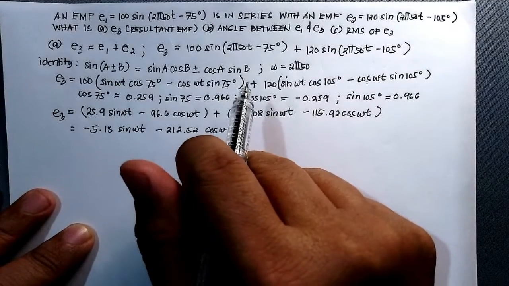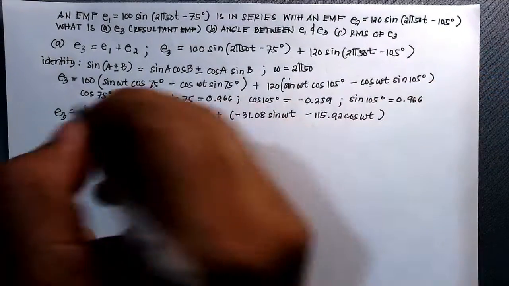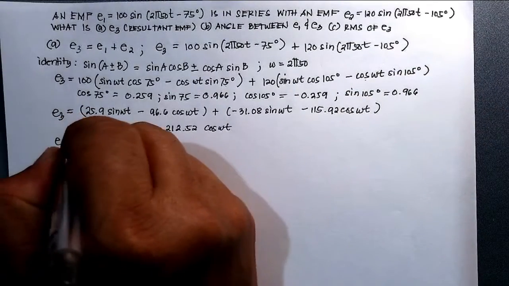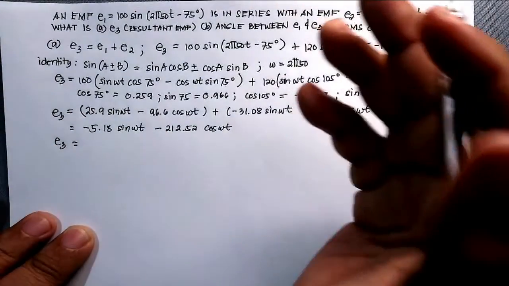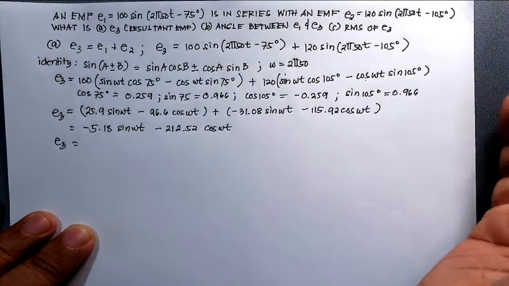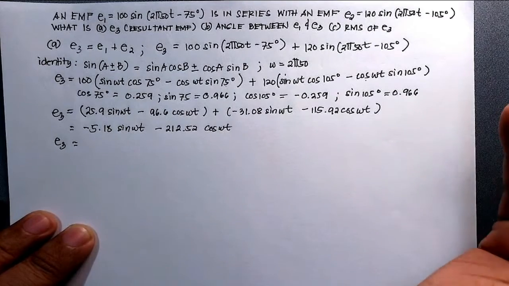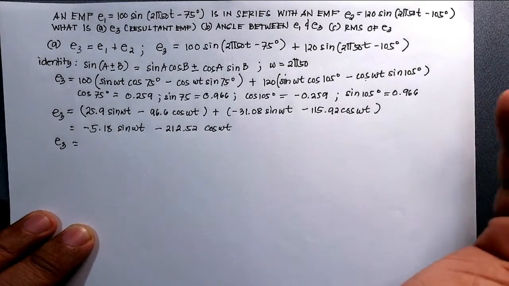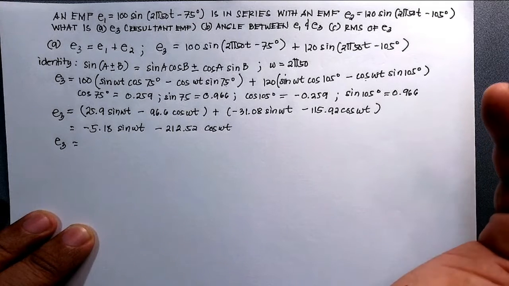Therefore, we have E sub 3, based on what we have studied, the general concept in solving two AC voltage sources as a function of t.